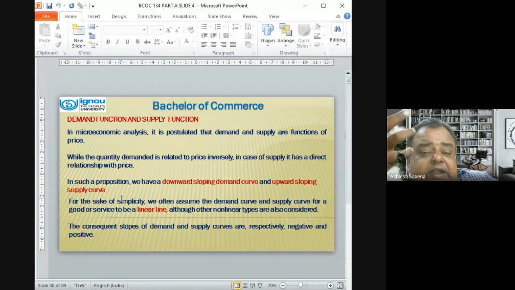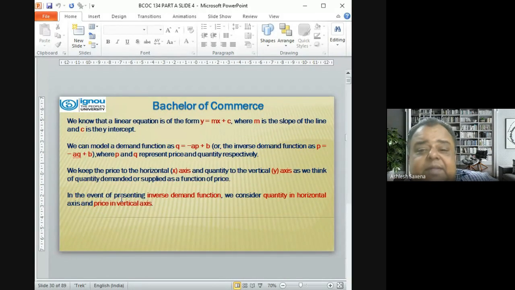The consequent slopes of demand and supply curves are respectively negative and positive. We know that a linear equation is in the form y is equal to mx plus c, where m is the slope of the line and c is the y-intercept.